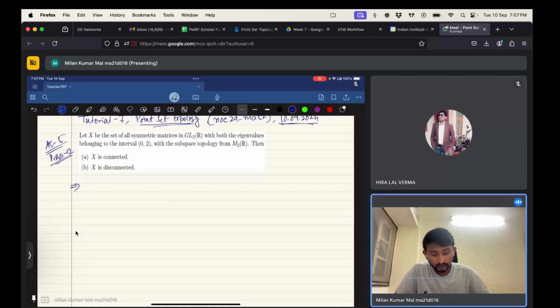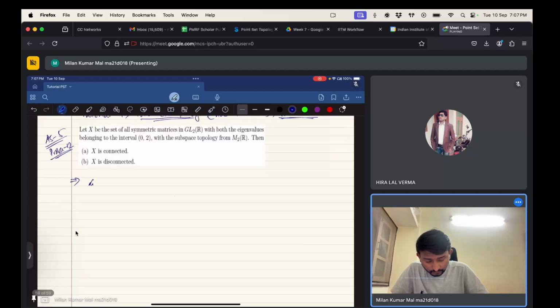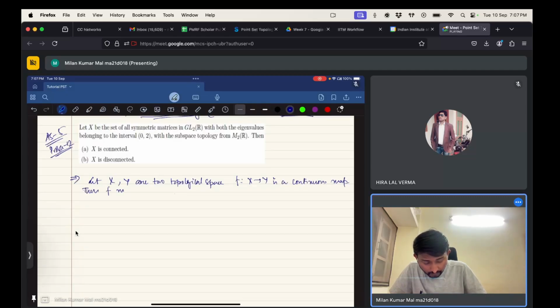What is the basic fact we will use? Let X, Y be two topological spaces, and f is a continuous map from X to Y. Then f maps a connected set to a connected set.